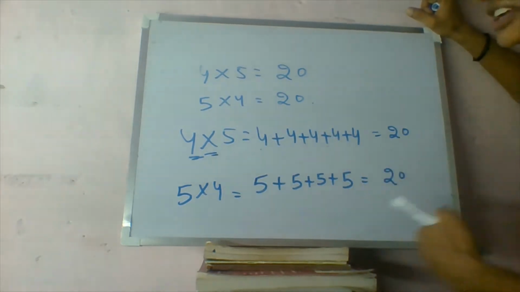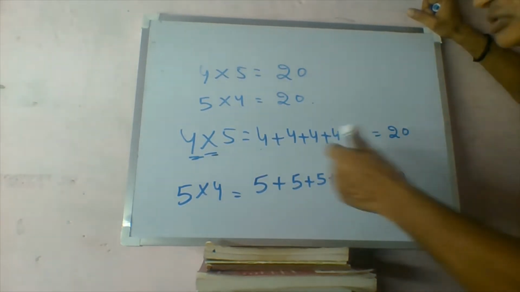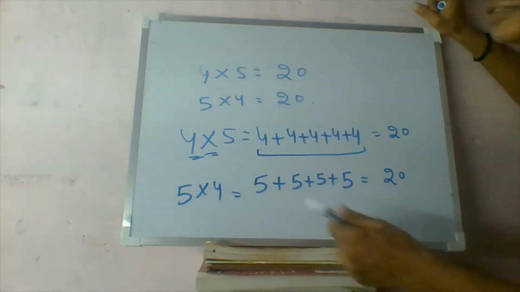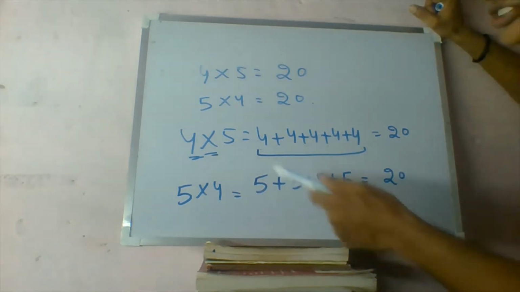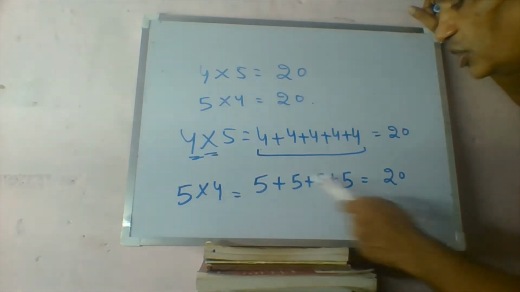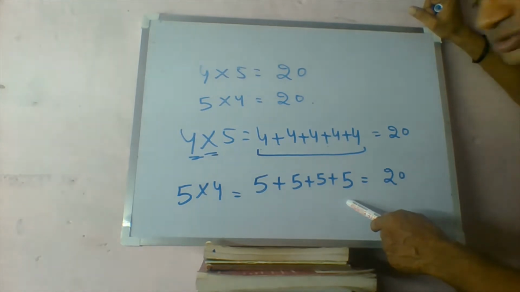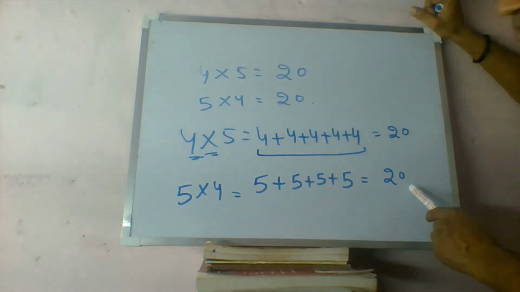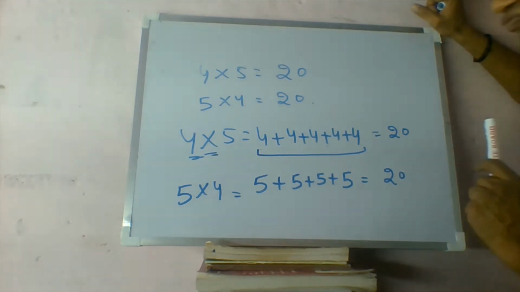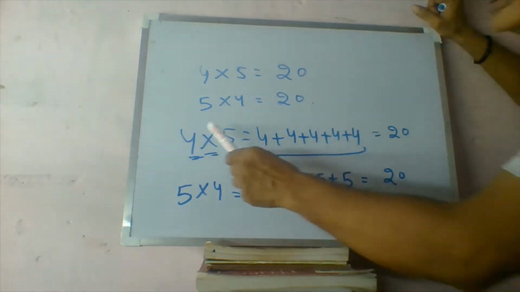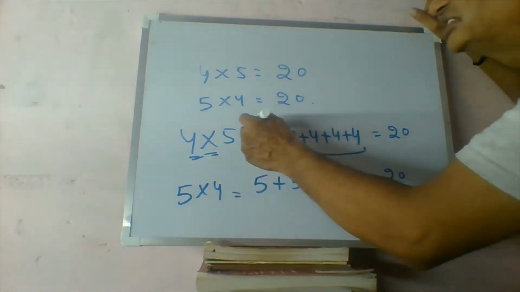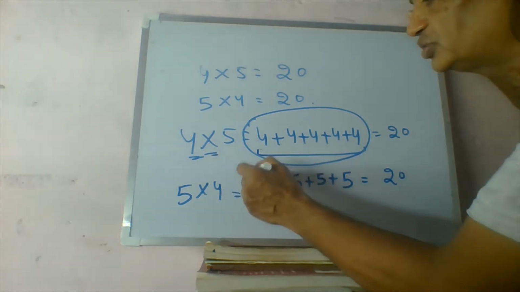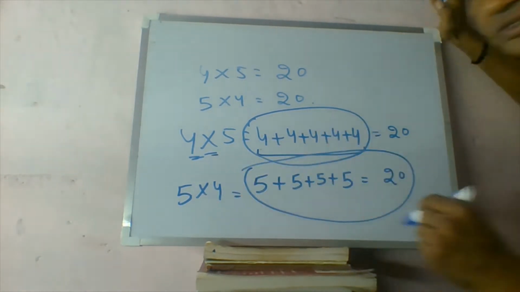Or in other words, we have to add 5 fours altogether. When we say 5 into 4, it is telling us that you have to add 4 fives. Take 4 fives and add them. So it is very important that when we are saying 4 into 5, we should not forget this, and when we are saying 5 into 4, we should not forget this.